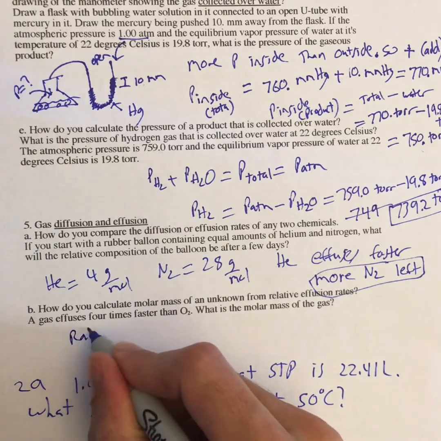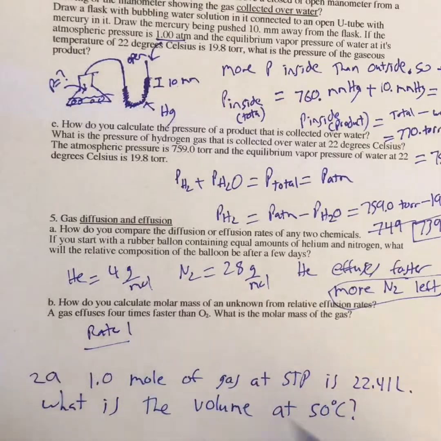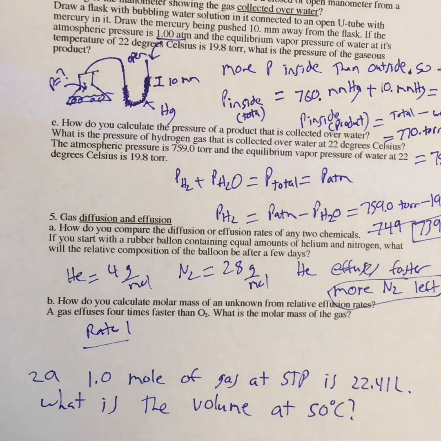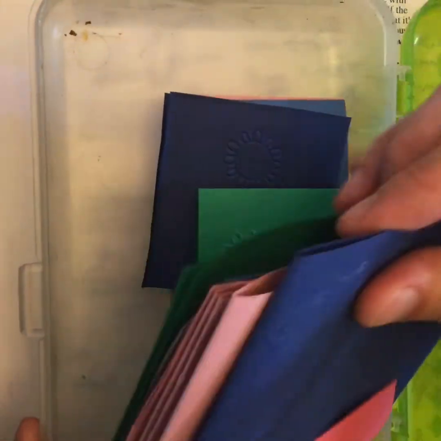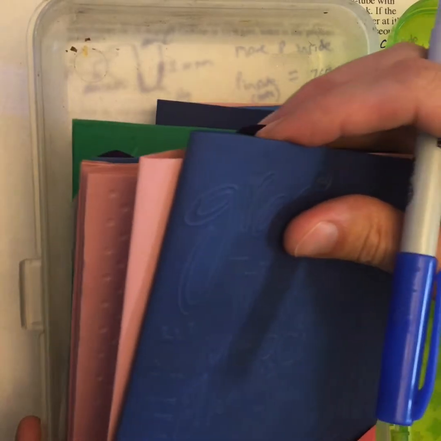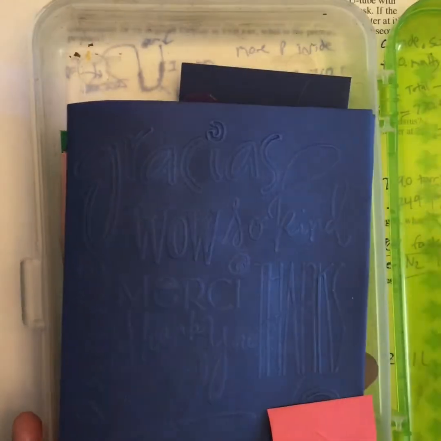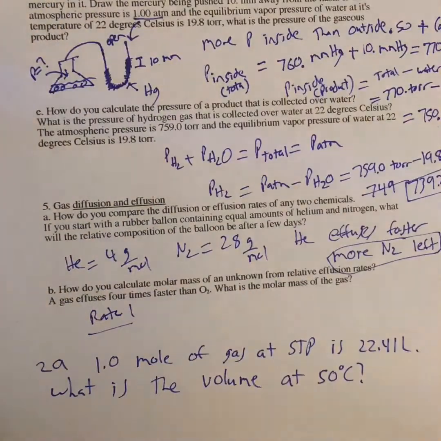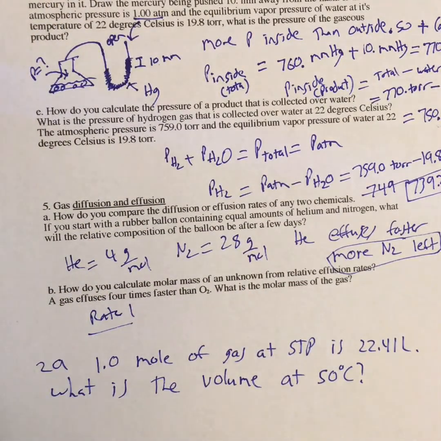So the equation is rate of one gas. Yes, Amy? These are all the ones we did. Whoa, that's a lot. Some of them are just normal papers with stuff on it. This one is not filled out. You want to show my students all the ones you made? Yeah. Whoa, a whole box of these. I don't know how to say that word. Embossed cards. Wow, very cool. Good job, Amy. Do you want to see all the designs? Sure.